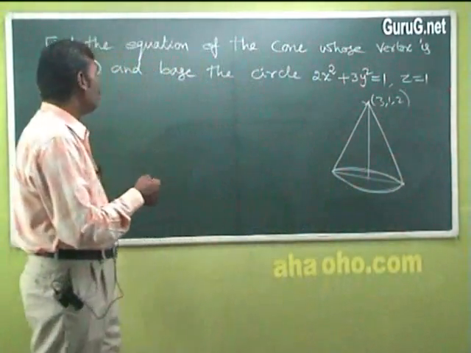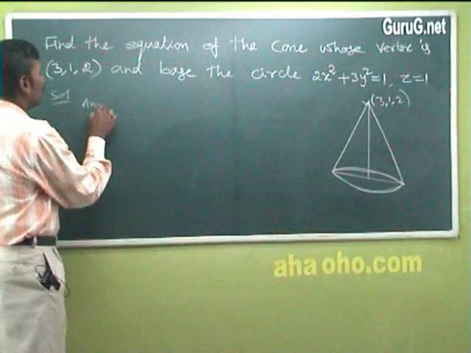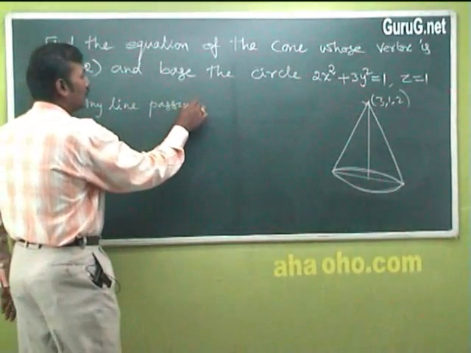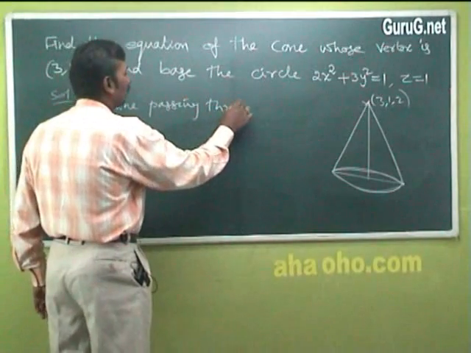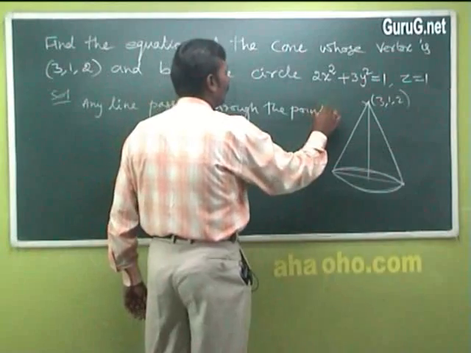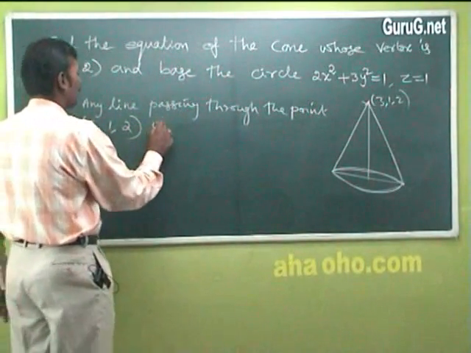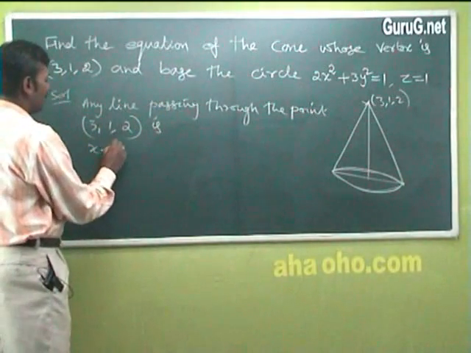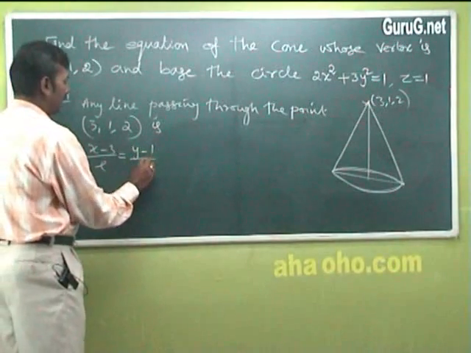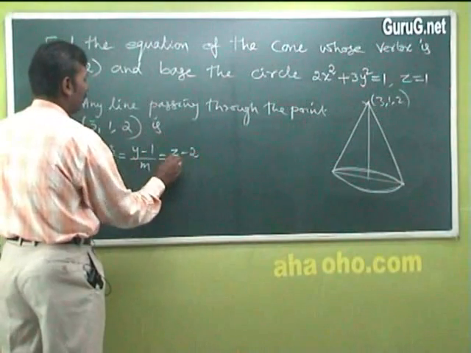So any line passing through the point (3, 1, 2) is (x minus 3)/L equal (y minus 1)/M equal (z minus 2)/N.